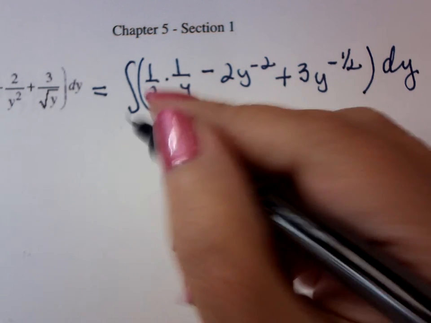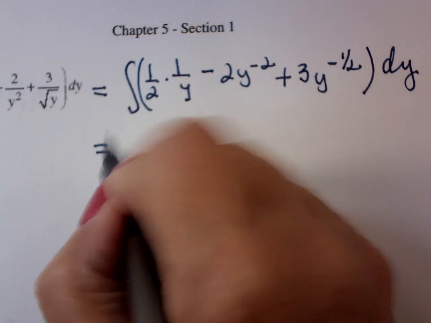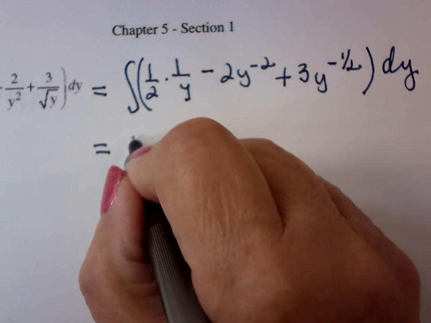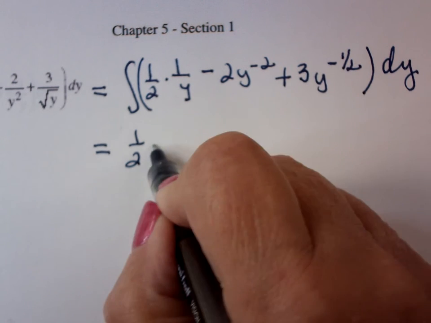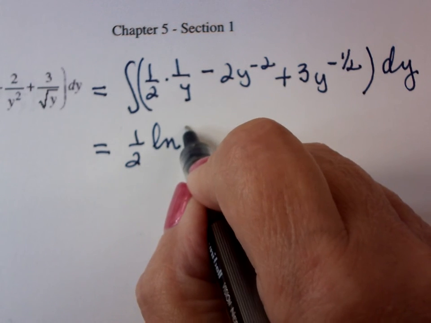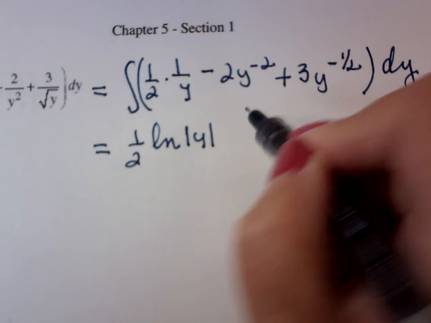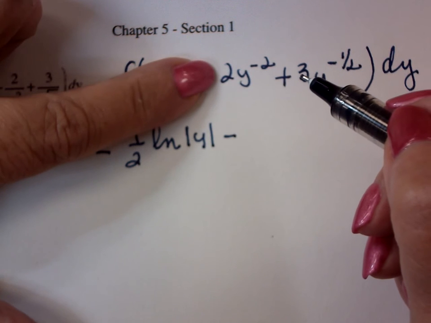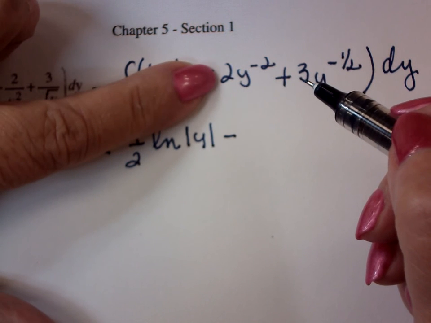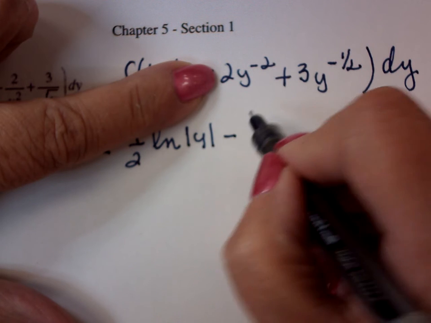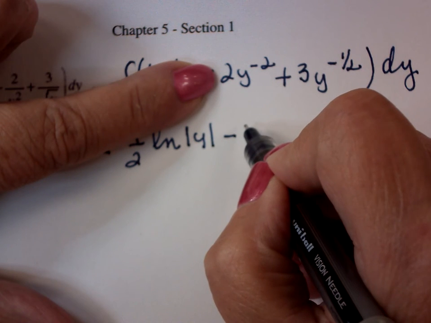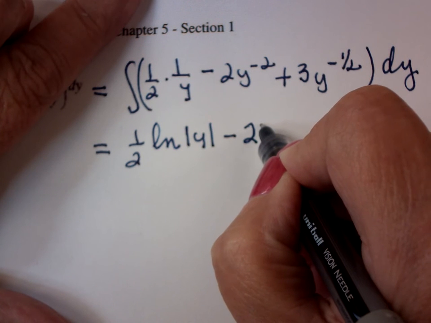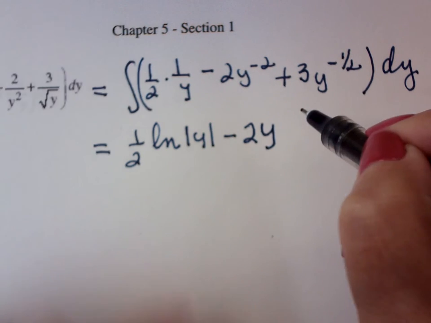So now I do it term by term. What's the antiderivative of 1/2 times 1 over y? 1/2 times natural log of the absolute value of y, minus, and what is the antiderivative of 2y to the minus 2? Negative 2 y to what power?